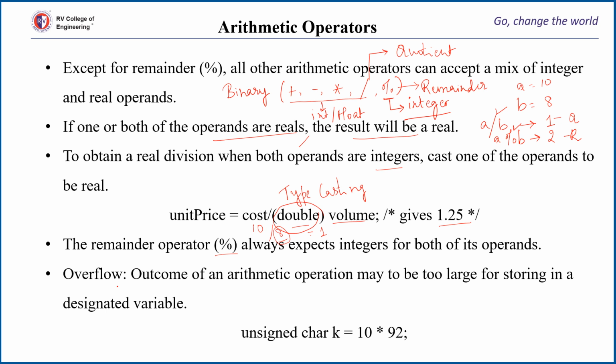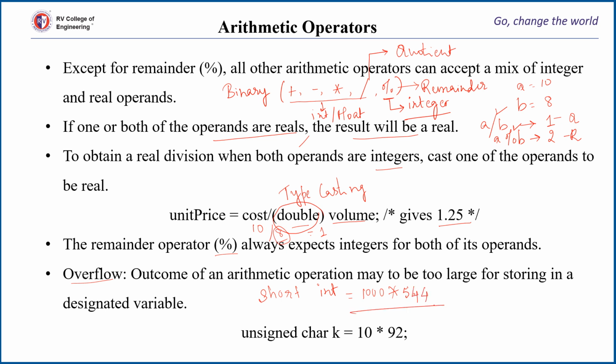Now, one thing you have to remember, there are chances that your arithmetic result does not fit into a variable because of its lesser size. In that case, a condition called overflow takes place and we do not get an appropriate answer. For example, I have something like this: short int a is equal to 1000 into 544.